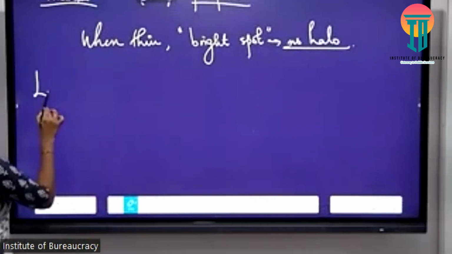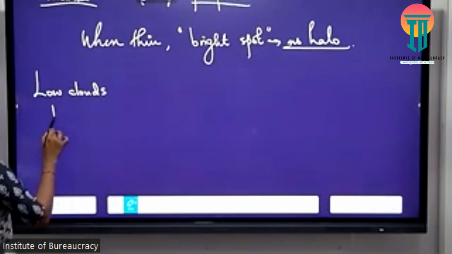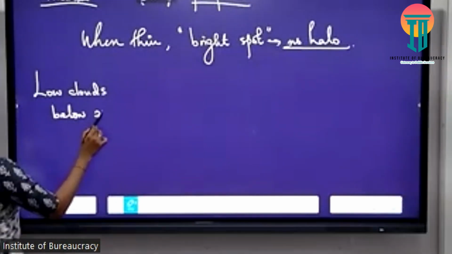And the third important type, low clouds: clouds which are present below 2 kilometers.